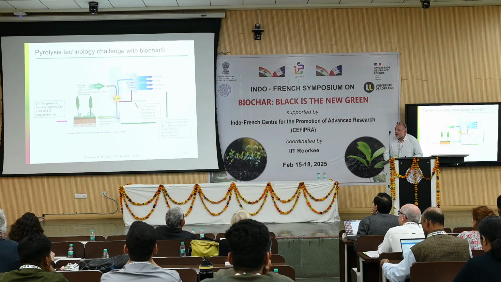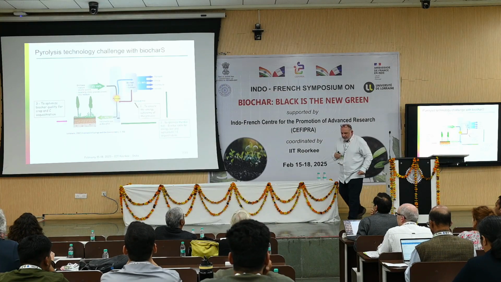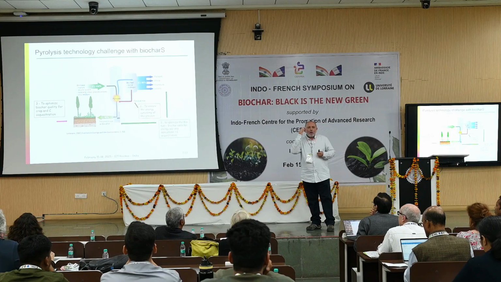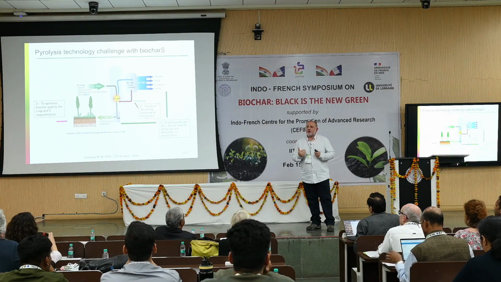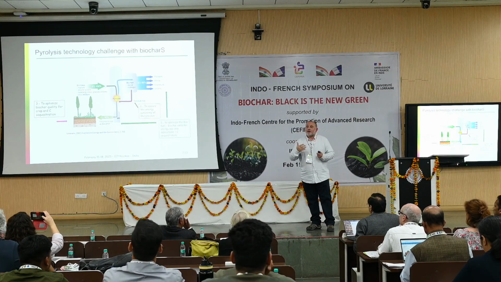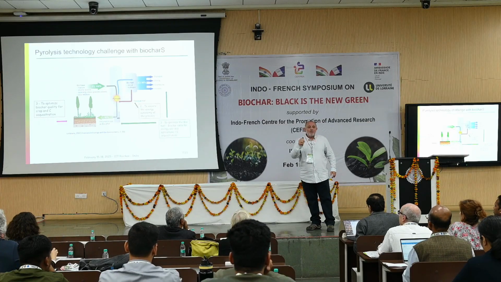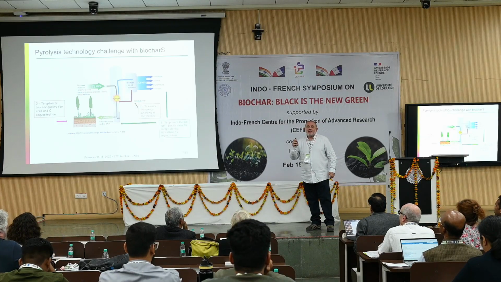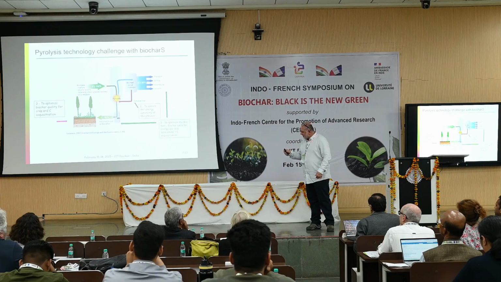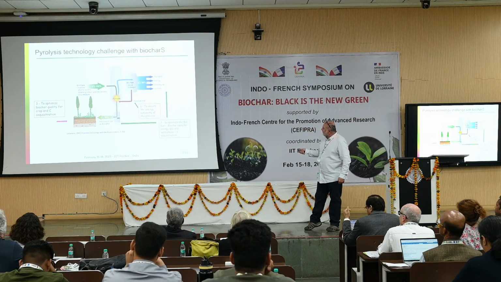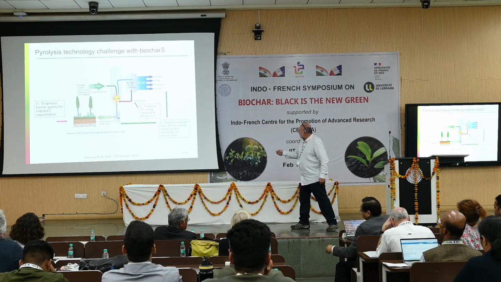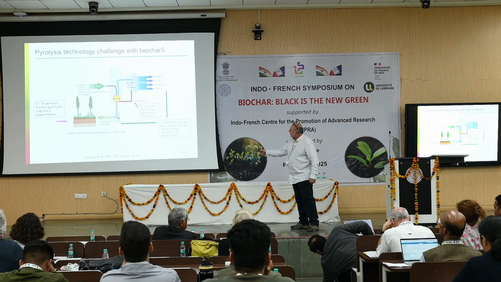You know? So at the end, if you go back to the biochar, what are the main pieces of information we can receive from this historical experience? What is the main challenge for the pyrolysis process? The main challenge is summarized in this slide, where we have a biomass here.